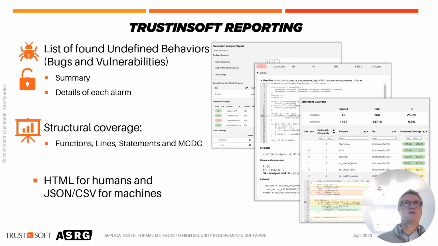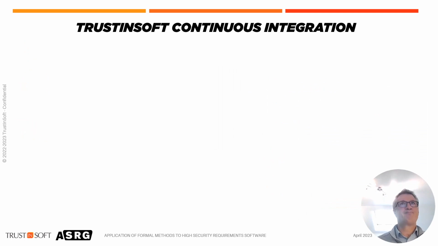That's what you're looking at on the right side. But also JSON and CSV for machine processing, which is typically easier to process.